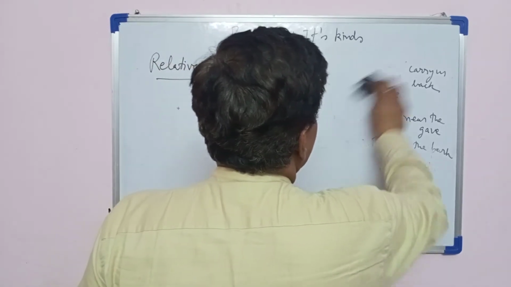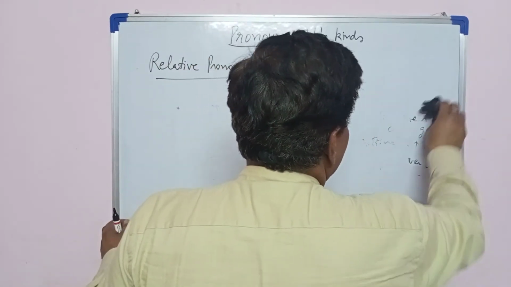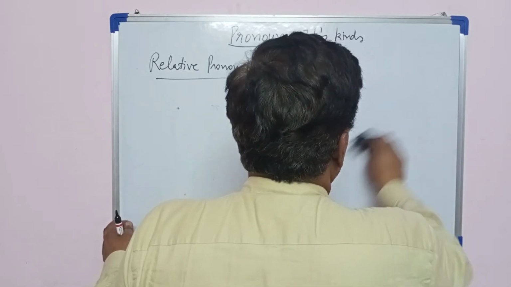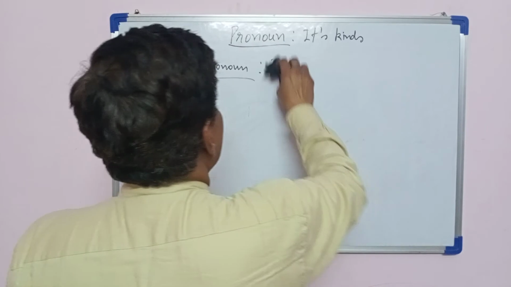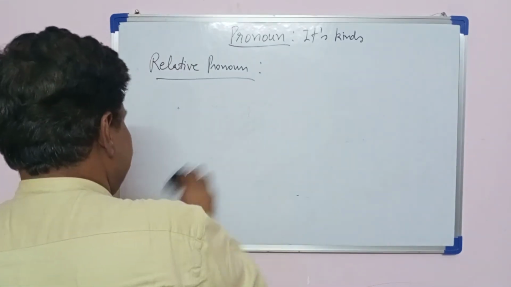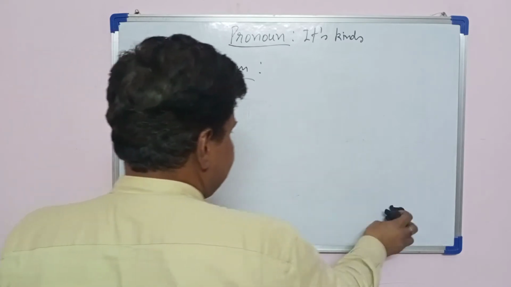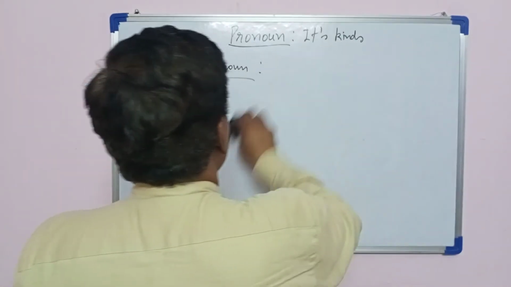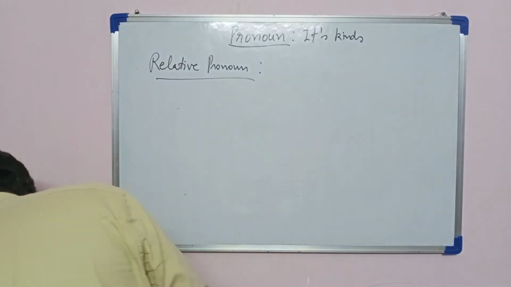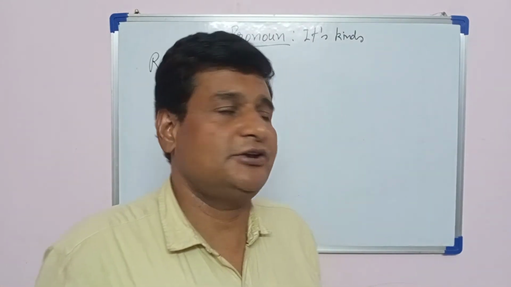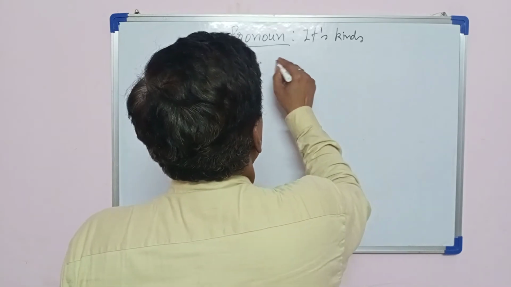What are these? Relative pronoun which, relative pronoun that, relative pronoun what, and who. There are four types of relative pronouns.